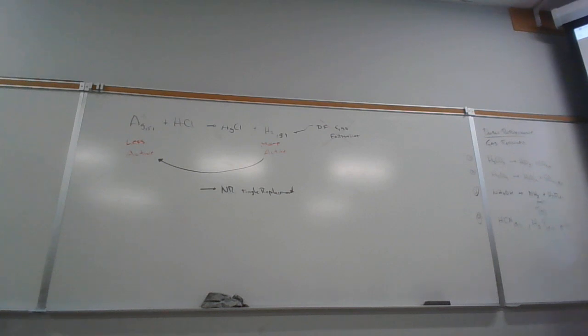What's this called here? Lead 2 nitrate plus potassium iodide. So lead 2 nitrate plus potassium iodide forms lead 2 iodide and potassium nitrate.